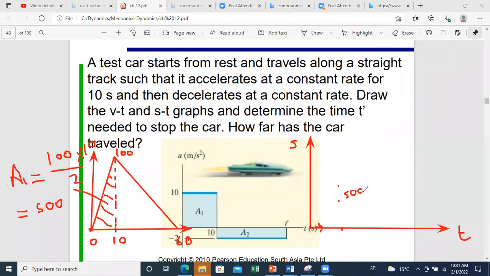Now, all I have to do is join these points, but I should pay attention to the profile. Since V is linear, S is second degree. To know how the slope is varying, I can just look at V. V is increasing, so my slope is increasing with time. At 500, the slope will be equal to the value of velocity, which is 100.